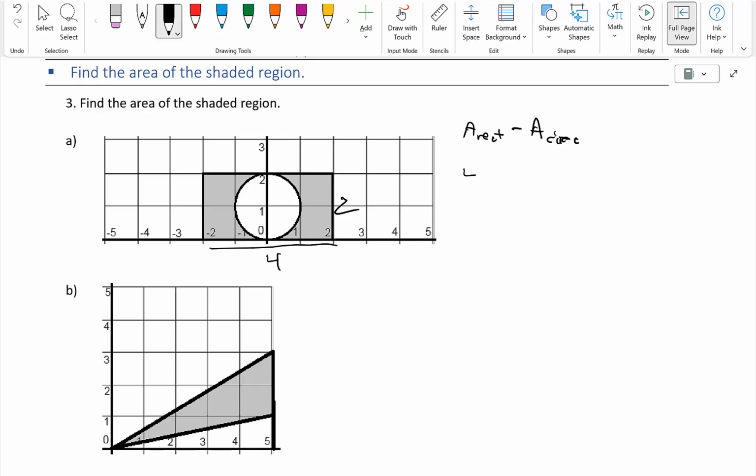So the area of the rectangle is 4 times 2, minus the area of the circle, which is pi times our radius, just 1 there, from the center 1, 0, either down to the origin or up to 0, 2, a distance of 1, squared. And so we get 8 minus pi units squared for our area.